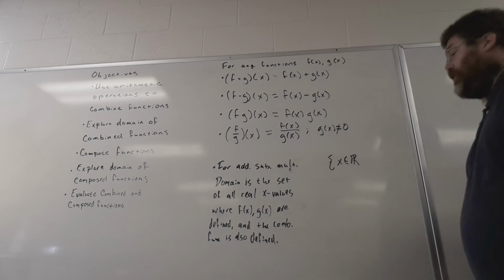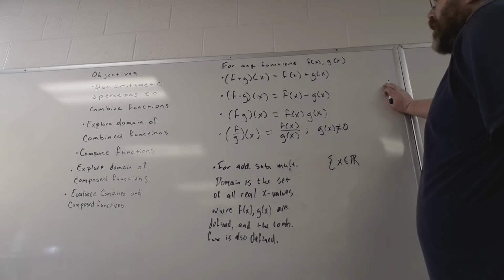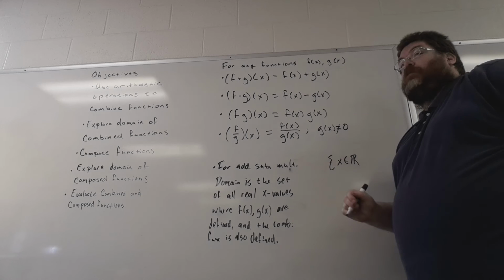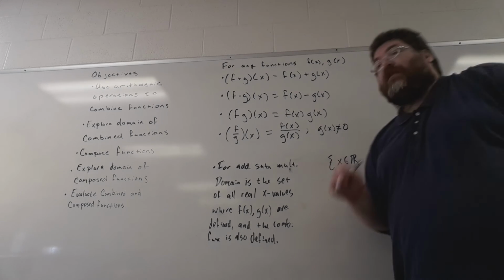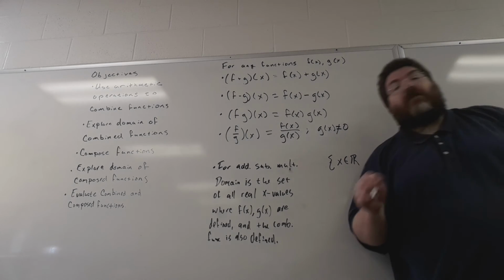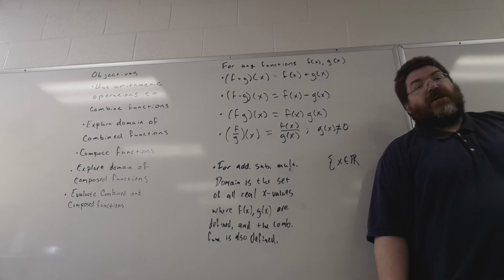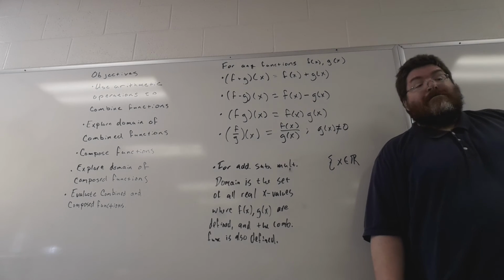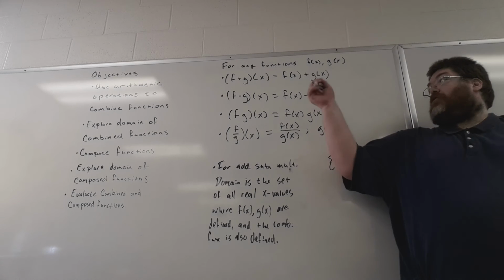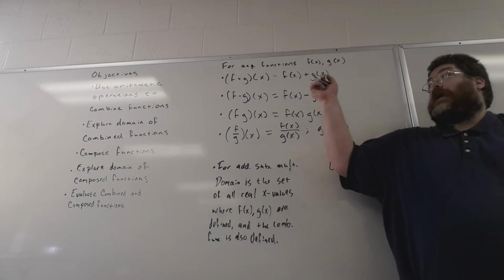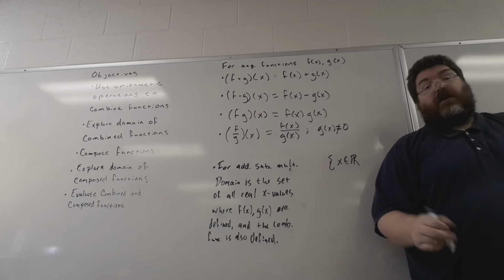So, one thing we can do to talk about the domain here is we can first identify the domain of f. Okay? And then from there, remove or exclude any values in the domain that are not also part of the domain of g. And then from there, remove any further values or exclude any values from the domain that also make our combined function undefined or non-existent.